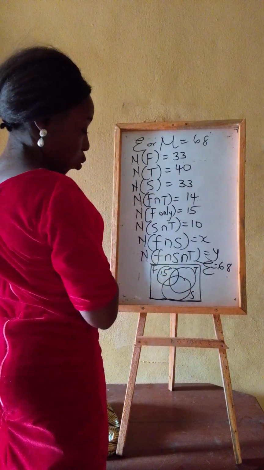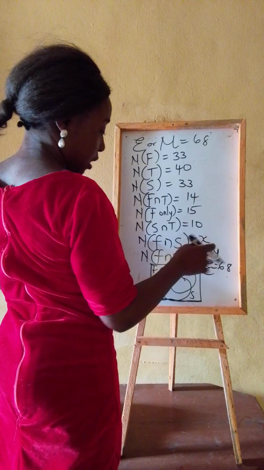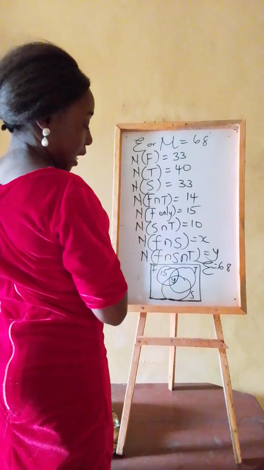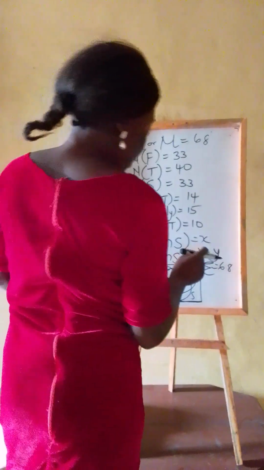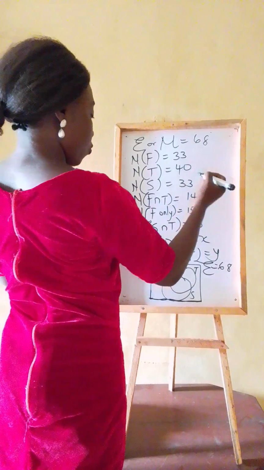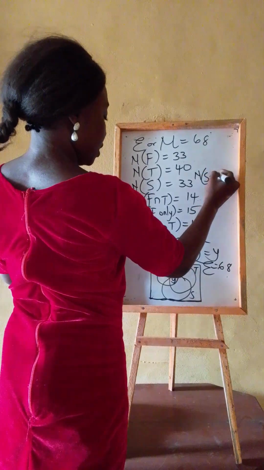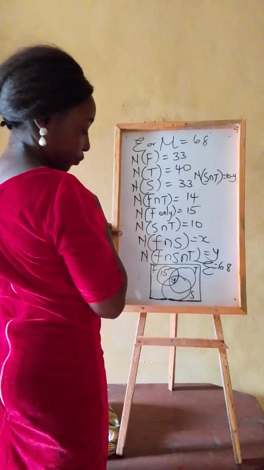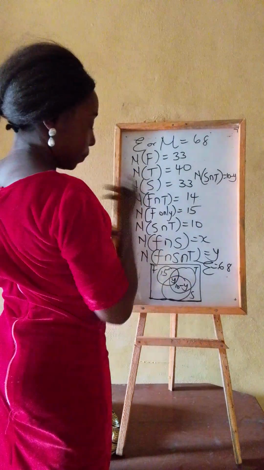F intersect S intersect T is y. So, for us to know the rest, the number for S intersect T is going to be 10 minus y.